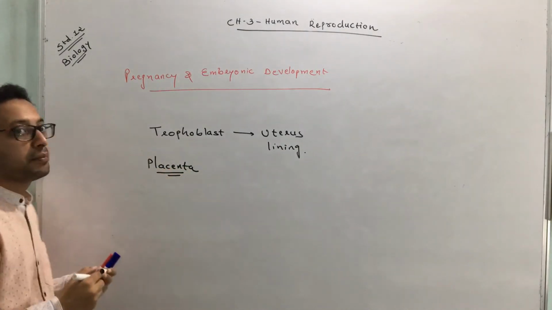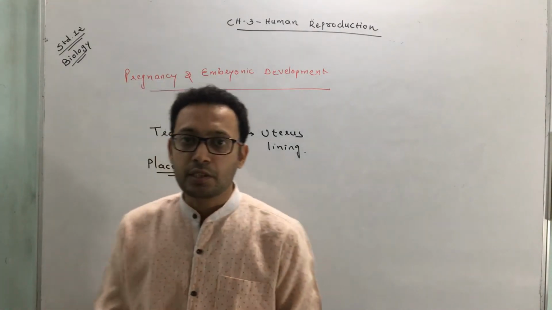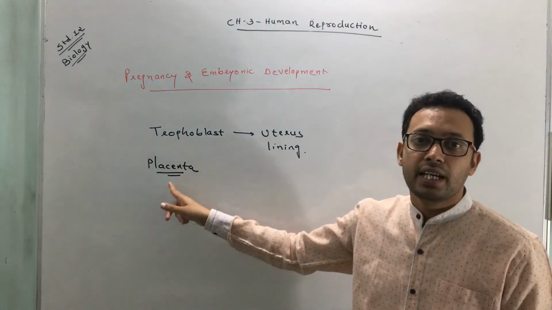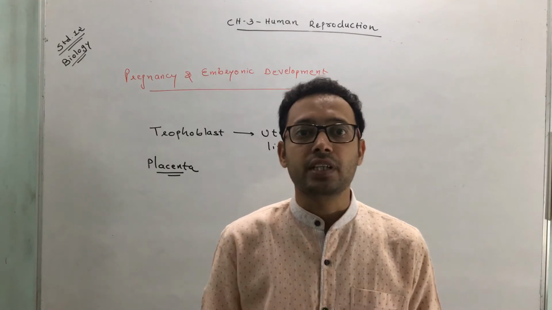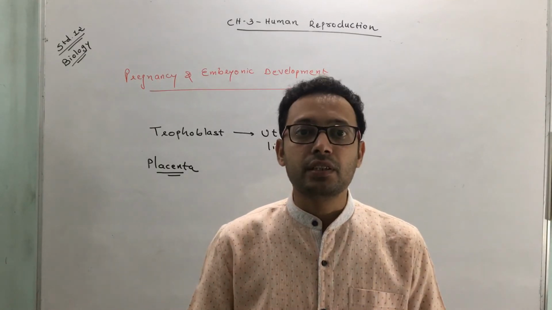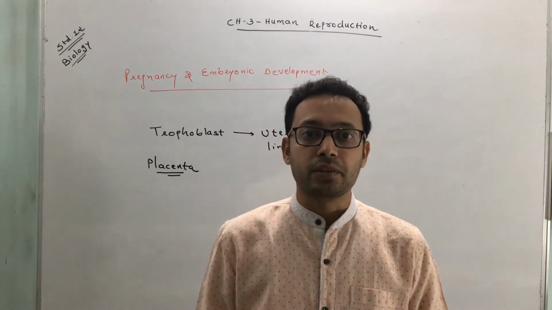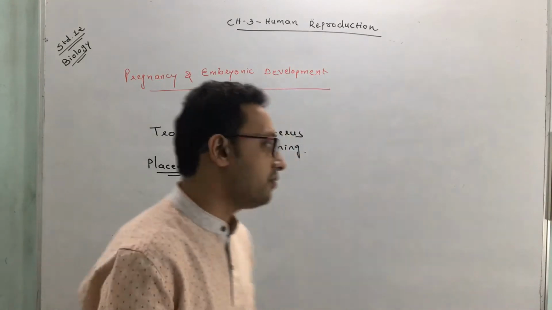What is it called? Placenta. Thus the placenta is formed, and it is considered a structural and functional unit between the mother and the developing embryo. What is the function of the placenta?